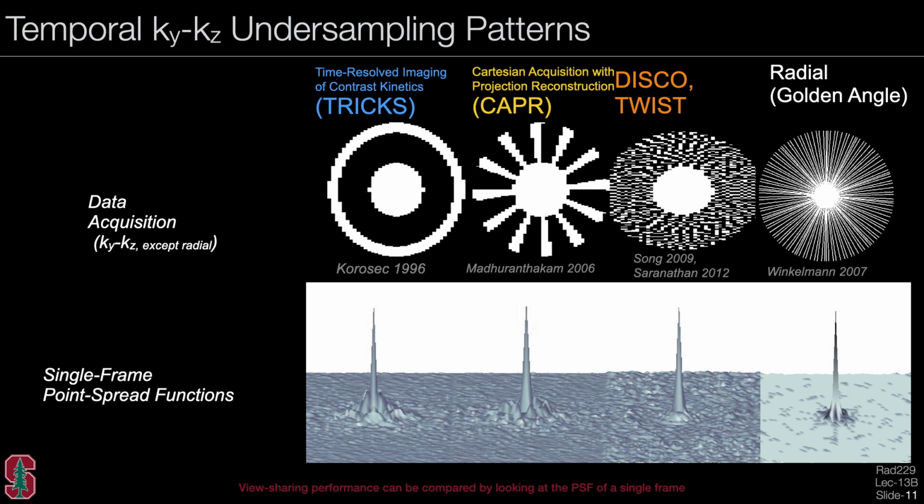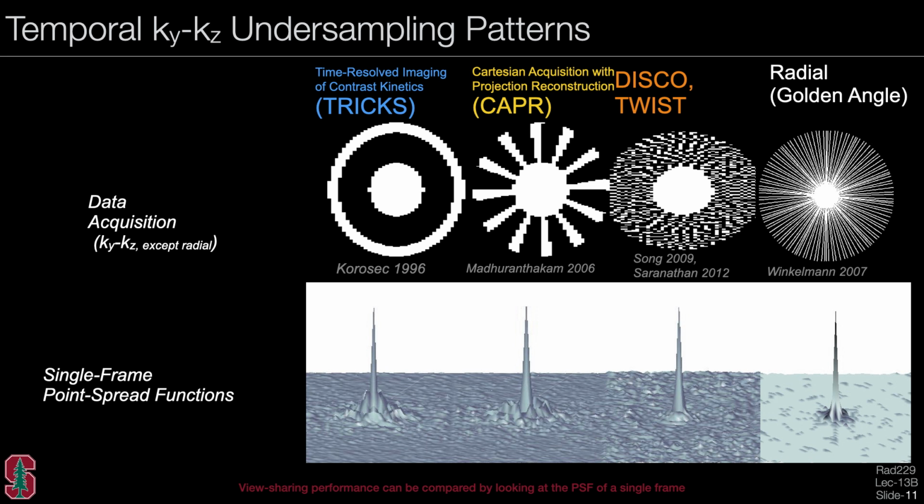In the CAIPIRINHA approach, you would acquire different angular regions, or pizza slices perhaps. In the DISCO or TWIST approaches, the outer k-space is divided randomly into different regions. And these are similar to the radial golden angle approach, where you will acquire spokes in a seemingly random order so that you can use a subset of spokes.